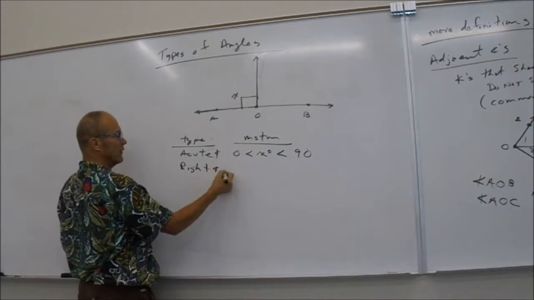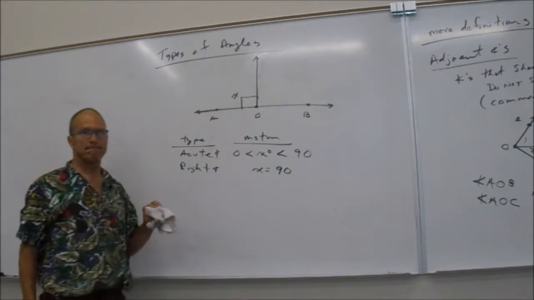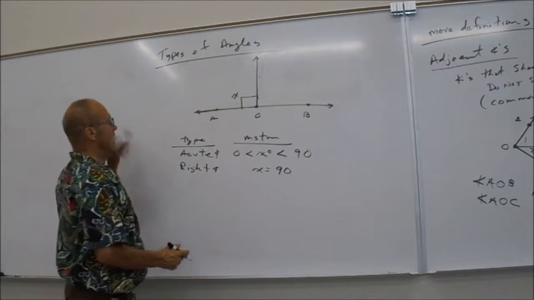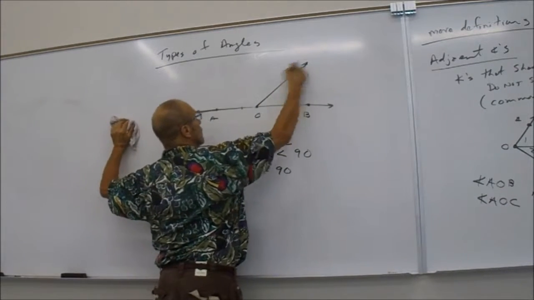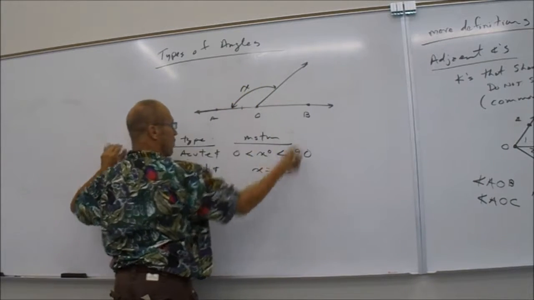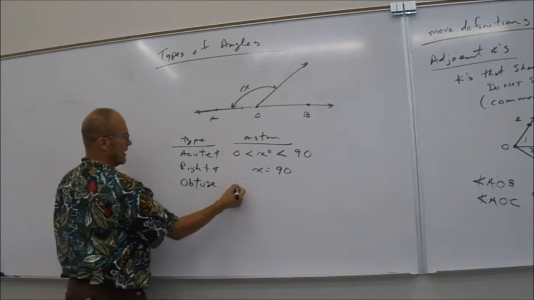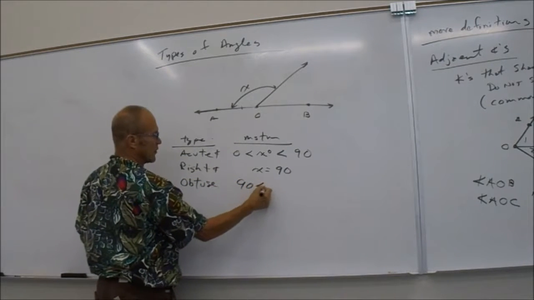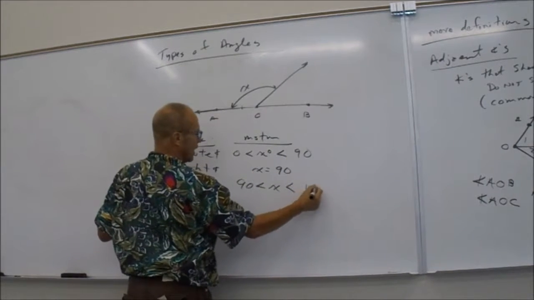So acute angle, right angle, and this means your x is exactly equal to 90. And then the next one, you keep going along. This time we're going farther from the 0. And this angle right here is more than 90. We call that obtuse. And that means your x is greater than 90, and it has to be less than 180.